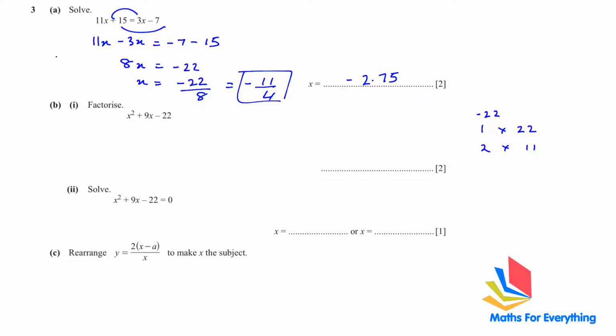When you multiply the factors and then you add them, you should get the middle term, 9x. So if I have negative 2 and plus 11, when I add them, I will get 9. So this can be written as x minus 2 and x plus 11.